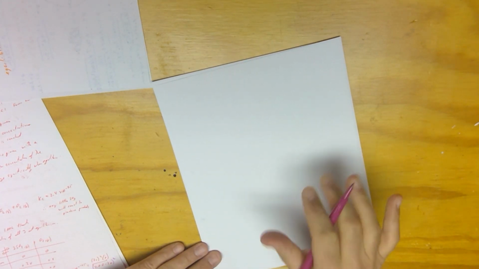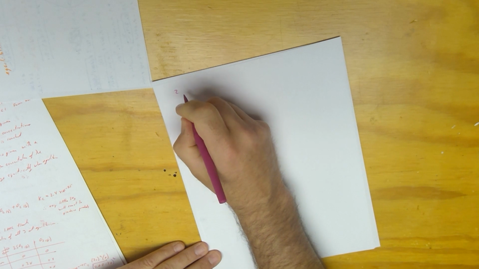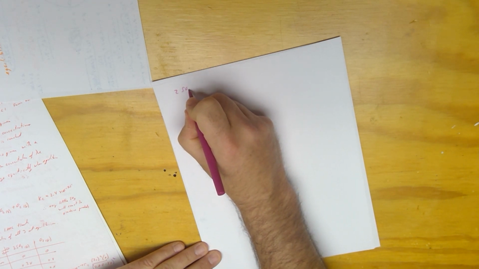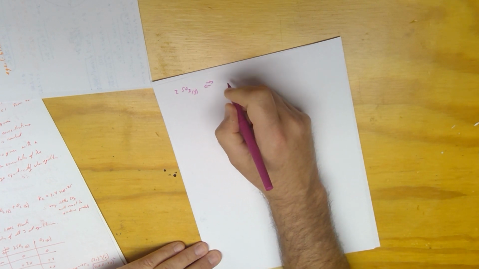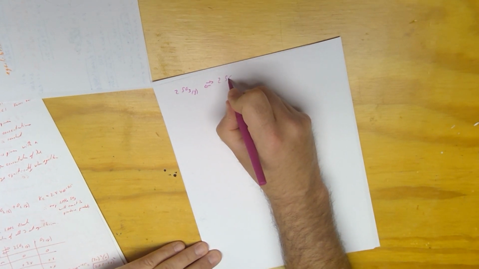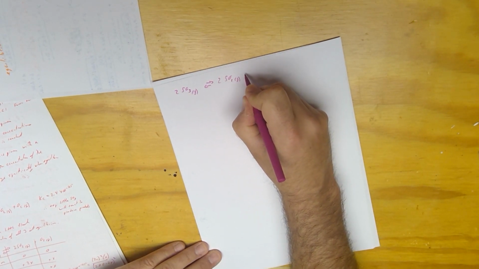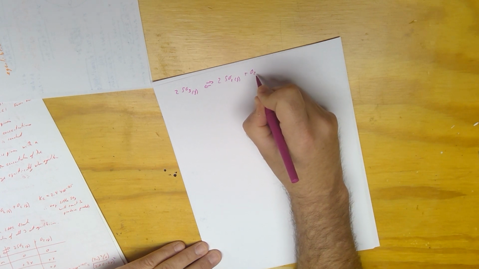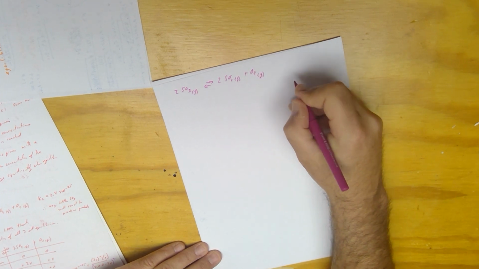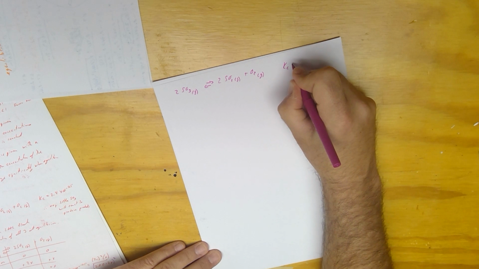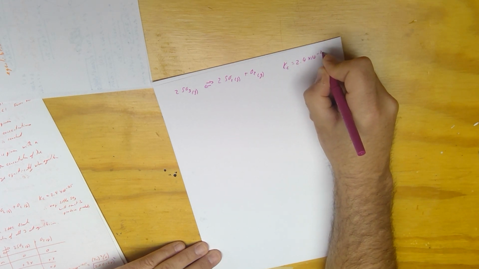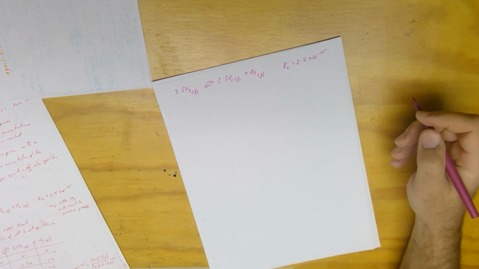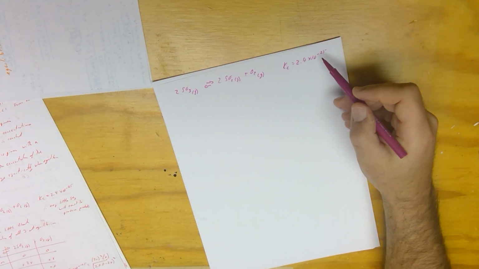So let's say I have this equation. 2SO3 gas in equilibrium with 2SO2 gas plus O2 gas. Kc for this reaction is 2.4 times 10 to the minus 25th. Okay.